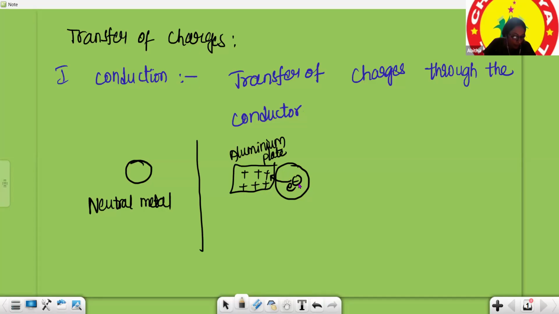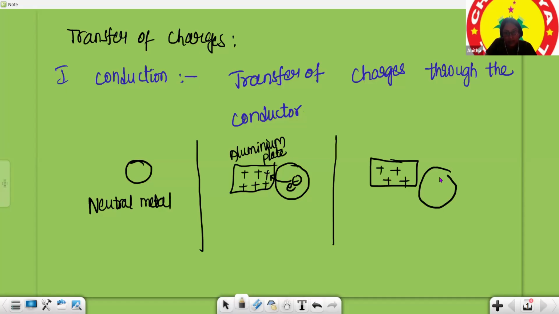When the positively charged aluminum plate is touched to the metal sphere, electrons are drawn off the sphere onto the aluminum plate. As the metal gives its electrons to the aluminum plate, the number of plus charges on the aluminum decreases, because those are neutralized by the negative charge.